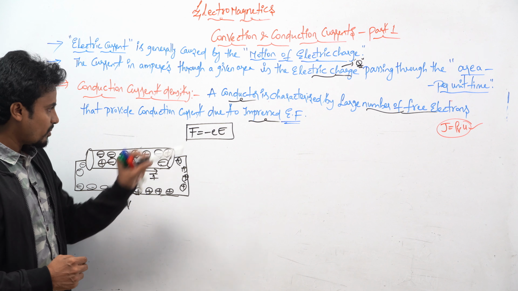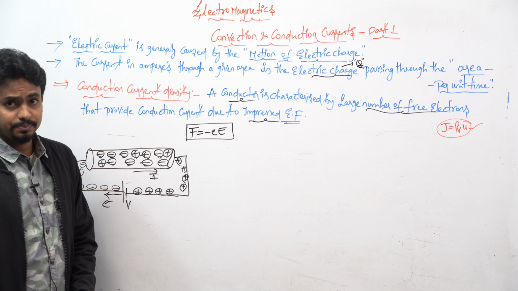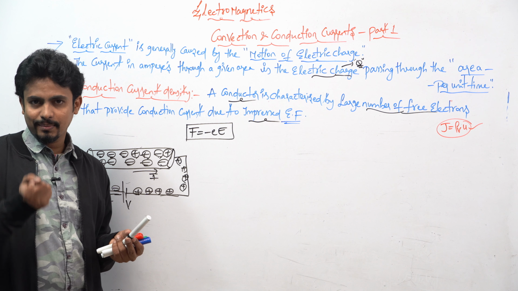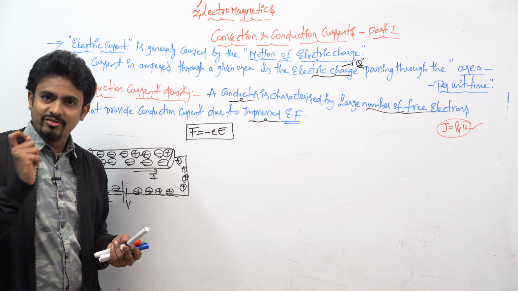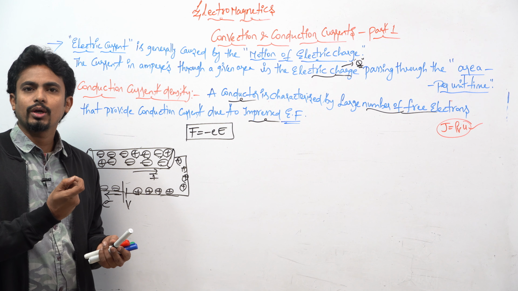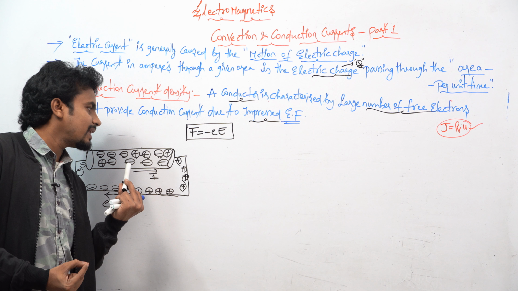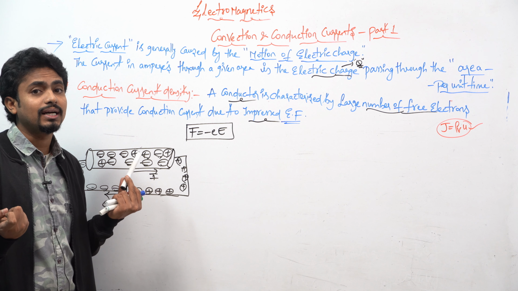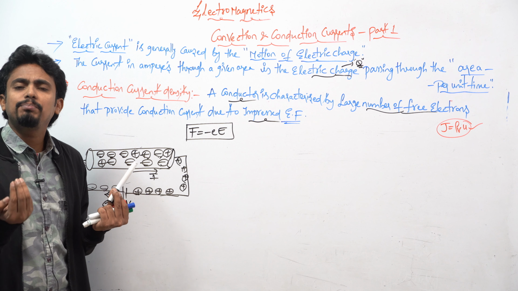F is equal to minus small e into capital E. For example, my electron has some mass and it moves with some velocity. While it moves with some velocity, some atomic collisions happen. For those atomic collisions we take some time period.